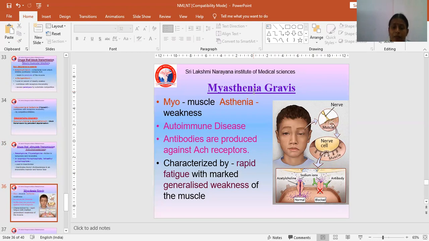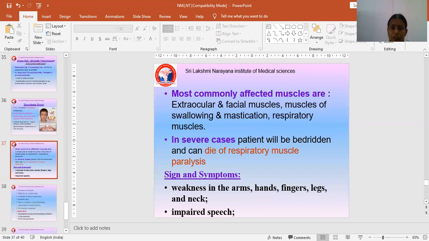It is characterized by rapid fatigue with marked and generalized weakness of the muscles. The most commonly affected muscles are extraocular muscles, facial muscles, muscles of swallowing, mastication, and respiratory muscles. In severe cases, the patient will be bedridden and can die of respiratory muscle paralysis.